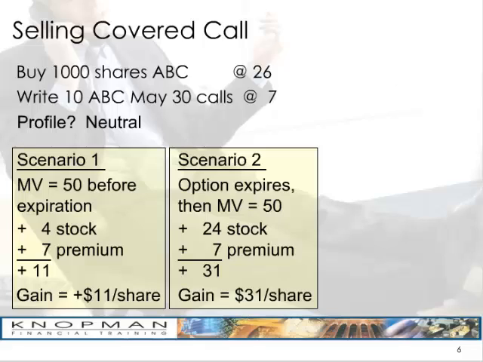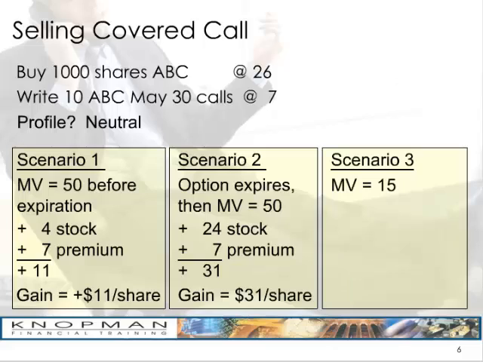And even if the stock drops a little bit, let's say the stock falls to 15. Well, again, first position, second position, premium, just as I spoke about in the previous slide. On the first position, we bought the stock for 26. Now it's worth 15, so we're going to lose 11.